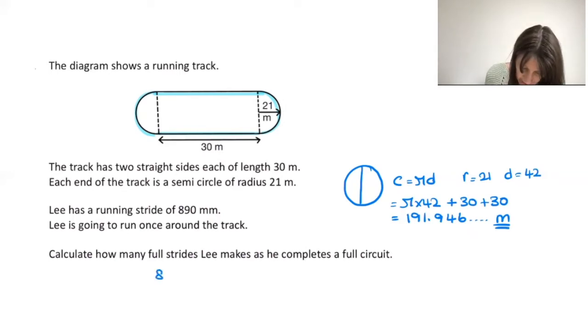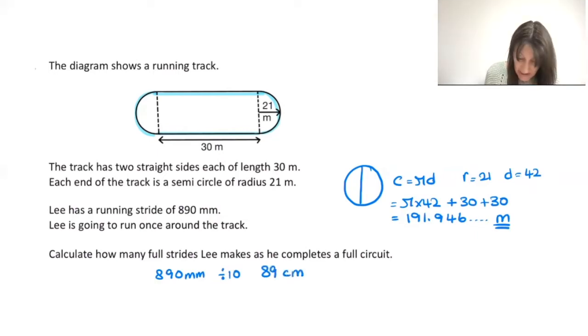So I've got 890 millimeters. If I divide that by 10, that'll give me 89 centimeters. I then need to divide that by 100 to get centimeters into meters, which is going to give me 0.89.